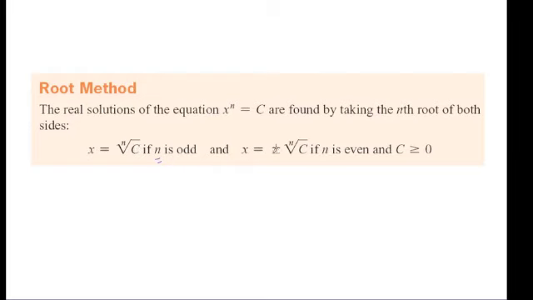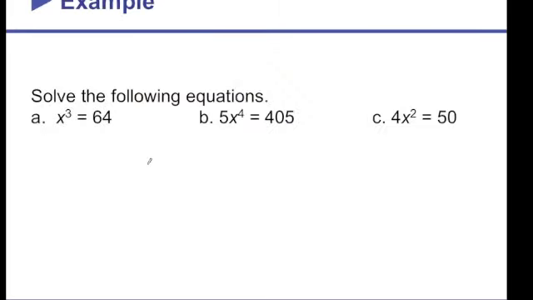But x equals plus or minus the nth root of c if n is even and c is greater than or equal to 0, since we can't find a square root or a fourth root of a negative number. Let's solve some of these equations.